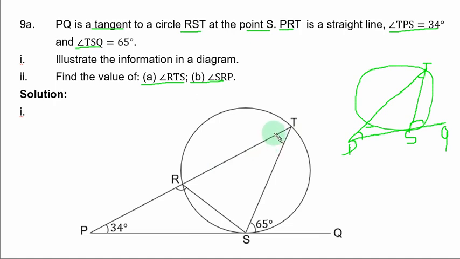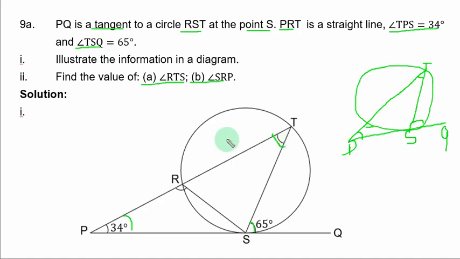Now to get this angle, let us look at triangle PTS. In PTS, this angle is interior, this angle is interior, and this angle is exterior. And you know exterior angle is equal to sum of the 2 opposite interior angles. That will help us to get this.